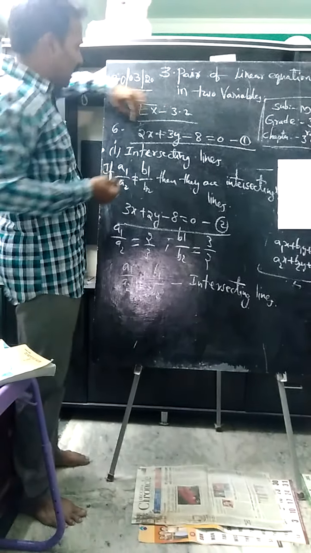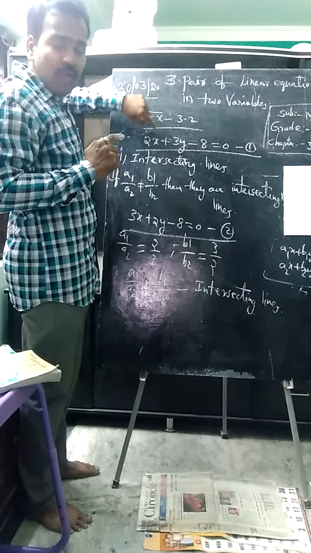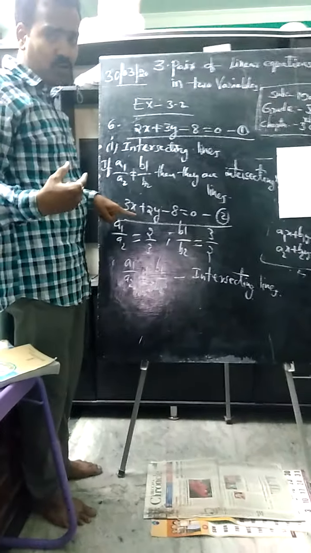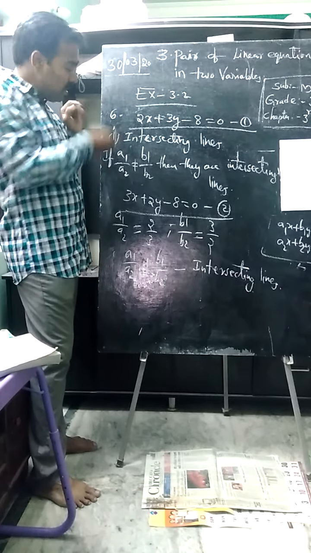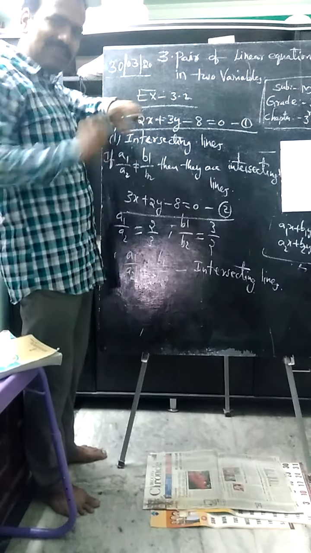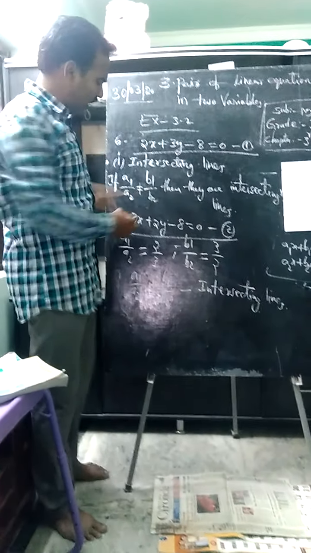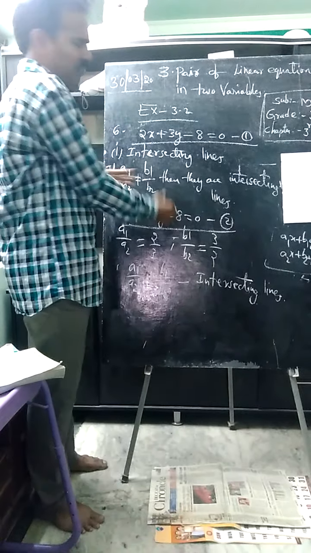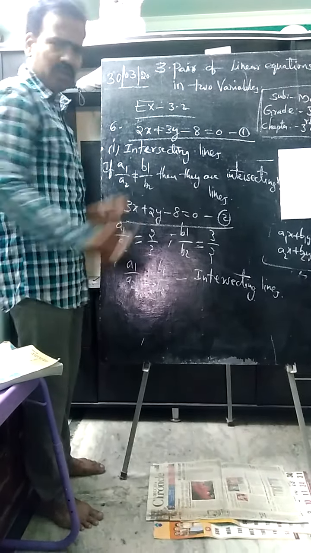Again I am repeating: we write the standard form of a pair of linear equations in two variables. One equation is given. We assume and write one more linear equation in two variables which satisfies the condition a1 by a2 not equal to b1 by b2, because the first condition given is intersecting lines. As we assumed 3x, we exchange the coefficients of the x and y terms. So I exchanged to 3x plus 2y minus 8, with no change in the constant term, because we don't compare with c1 by c2 when a1 by a2 is not equal to b1 by b2.